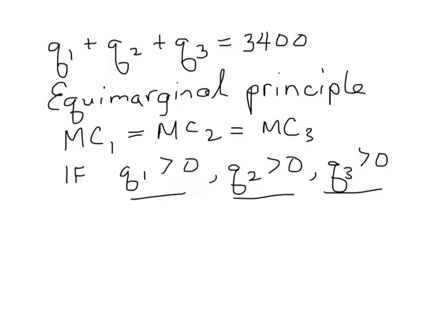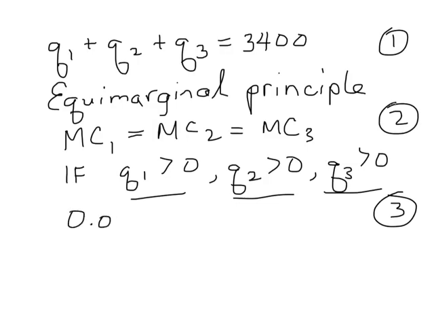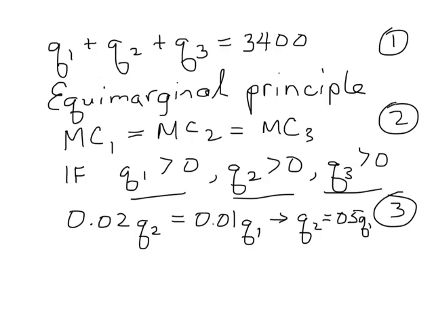So let's call this equation 1, let's call this equation 2, and then from this equimarginal principle we can derive equation 3, and that simply says that 0.02 Q2 has to equal 0.01 Q1 if we're minimizing costs, and we can simplify that to get that Q2 has to equal 0.5 Q1. That's going to be one of the relationships we're going to need to solve this.